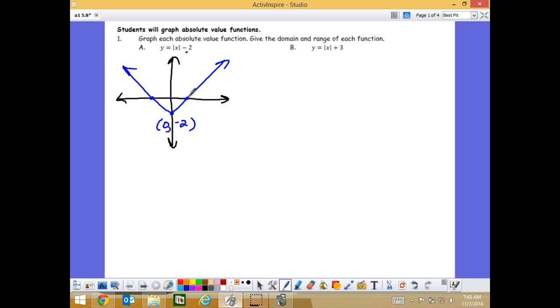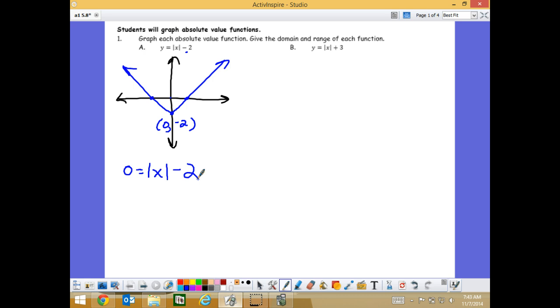And then there are a couple of x-intercepts we could find. And again, we've talked about this before. In order to find a y-intercept of any graph, plug 0 in for x. In order to find the x-intercepts of any graph, plug in 0 for y. So I'm going to plug in 0 for this y, so 0 is equal to the absolute value of x minus 2.